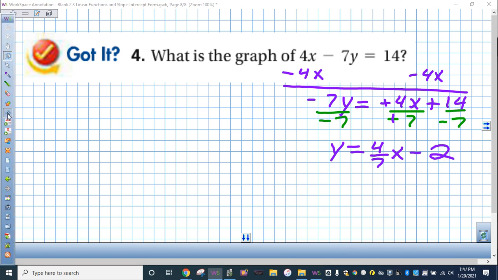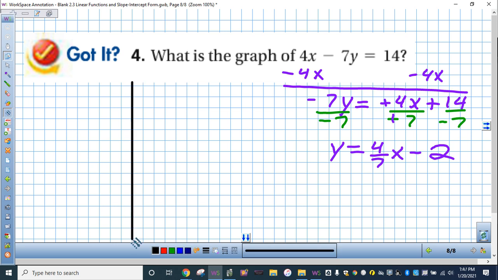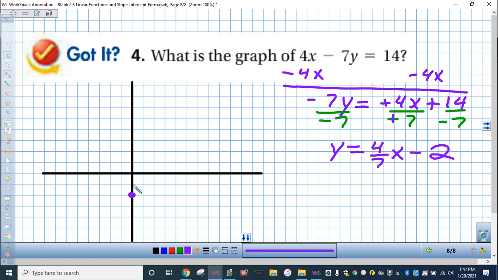So when you start your graph, you start at negative 2, and I count up 1, 2, 3, 4, right 7.